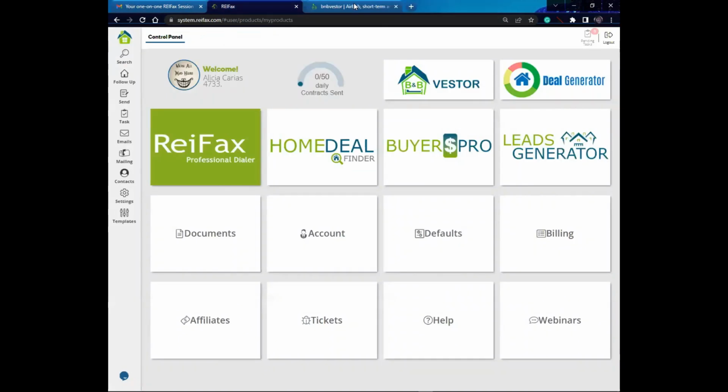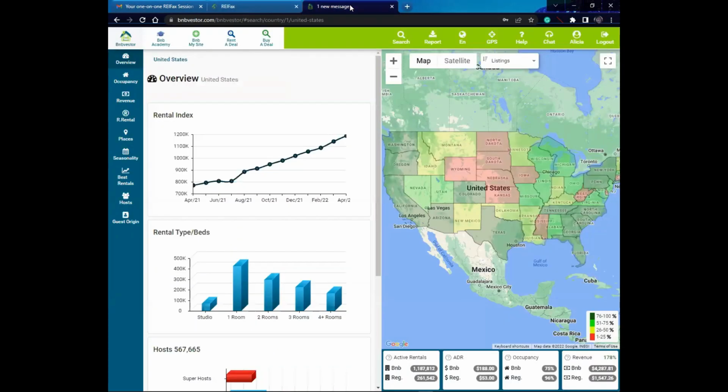So here I am. This is what I see when I log into BnBvestor. Make sure you are logged in. If you're logged in, you will see your name in the top right corner. If you're not logged in, you won't see your name here, and some places in the system will be gray. For example, this area down here will be gray.